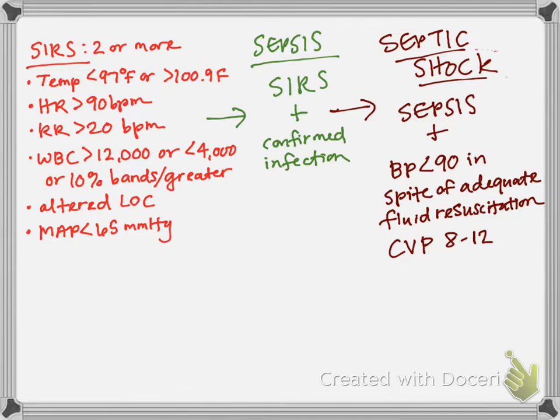So in spite of fluid resuscitation, my systemic blood pressure, even though I have enough preload, is not working. It's not coming out. Don't you want these people at a CVP of 50? You want it higher than normal. Yeah, higher than the normal levels. I think your book gives you 8 to 12. Like that you know you have enough preload. Okay.